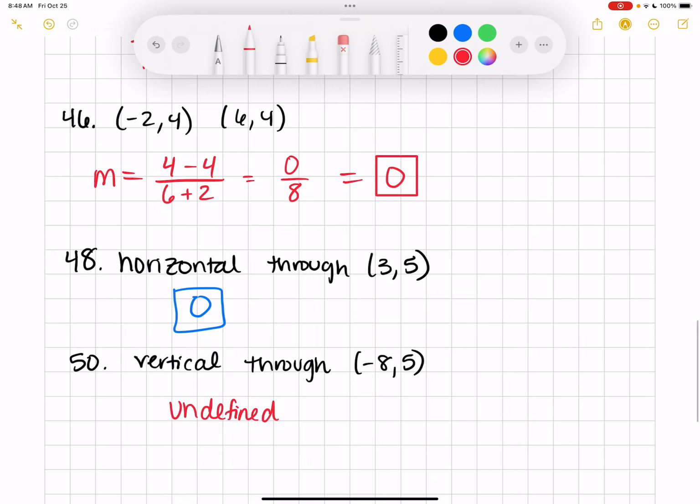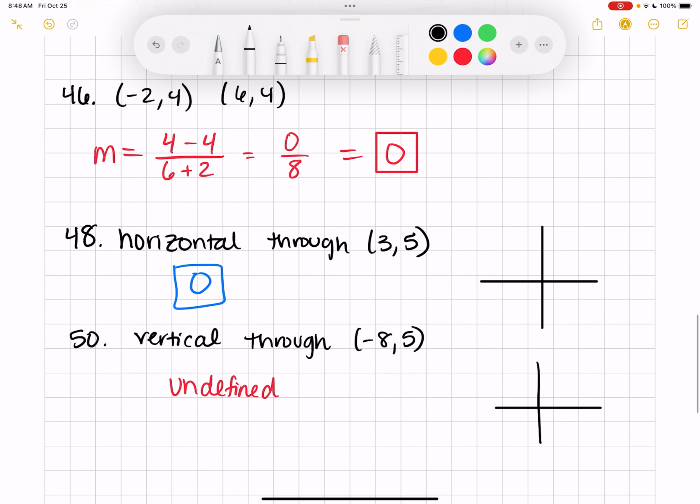So the way that my teacher used to do it was, I'm going to draw 2 little graphs here so we can see it. She said that a horizontal line goes like this, and that would have a 0 slope because it went straight across like that.